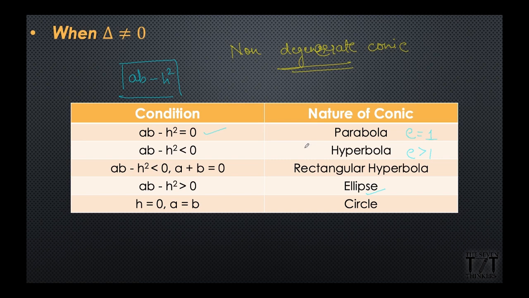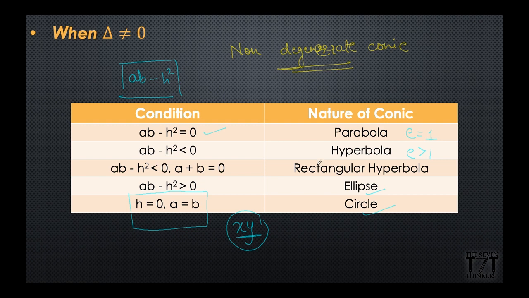And for circle, A is equal to B and h is equal to 0. Or you can say there is no xy term in the equation of circle, since we discussed before that the general equation of conic is ax square plus 2hxy plus by square plus 2gx plus 2fy plus c is equal to 0, where h was the coefficient of xy. So these are the four important conics which we're going to discuss.